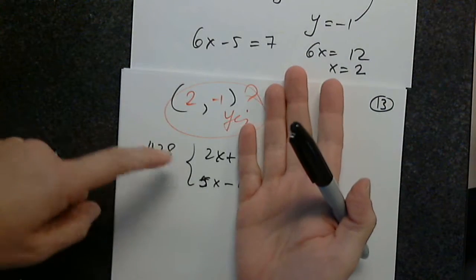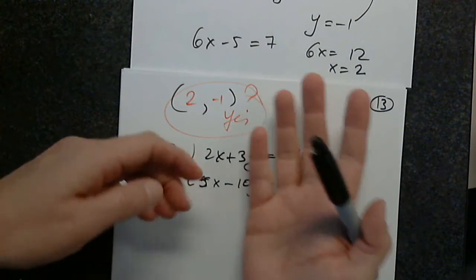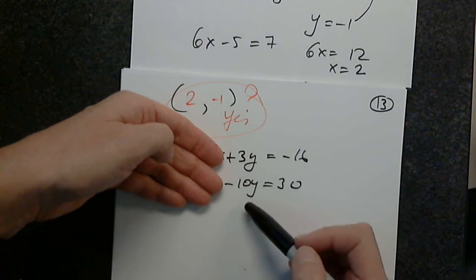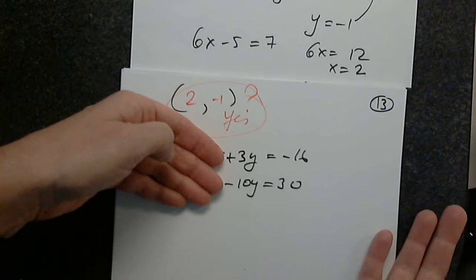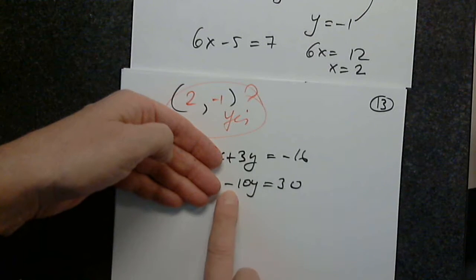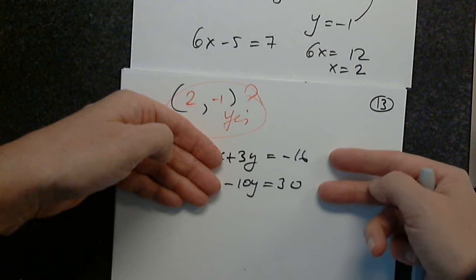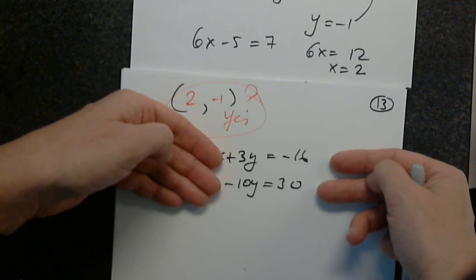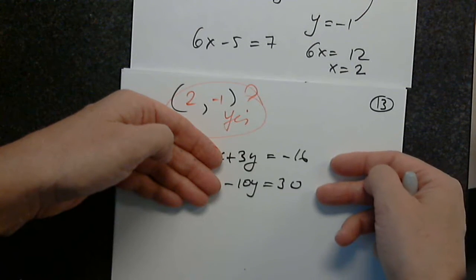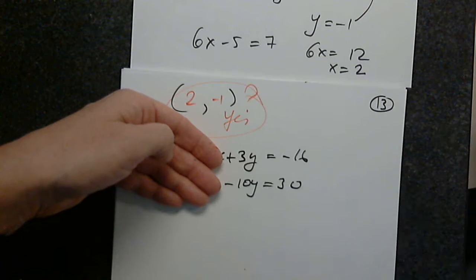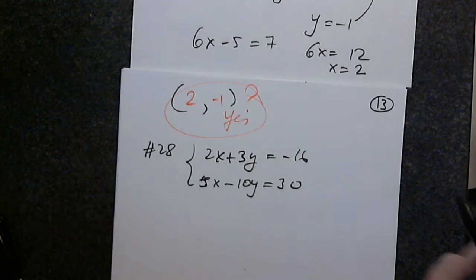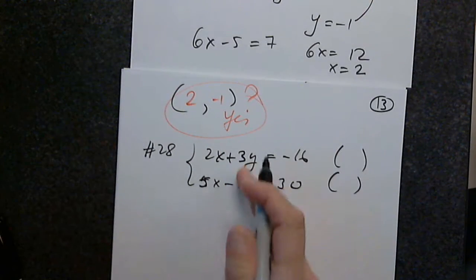If you ask me whether I prefer x or y, I would say y. Here's why. Because I already have a negative. So I don't have to multiply any of the two by a negative number. Is that difficult to multiply by a negative number? No. But I may mess up and forget the sign. Who knows? So I prefer multiplying the top by and the bottom by to eliminate y.